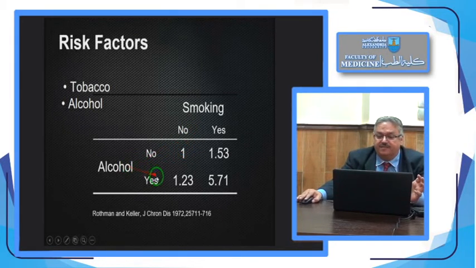When you jump to yes and yes, the risk multiplies to 5.71. So alcohol plus smoking, the risk is almost 6 times more than the normal person.